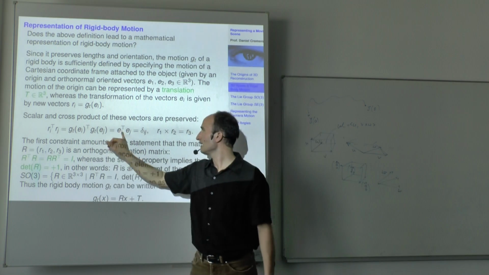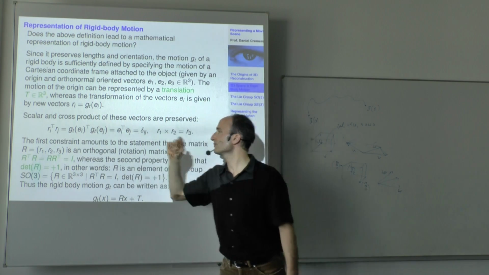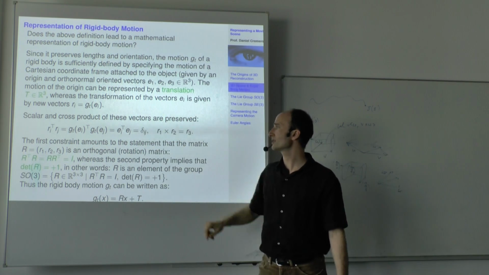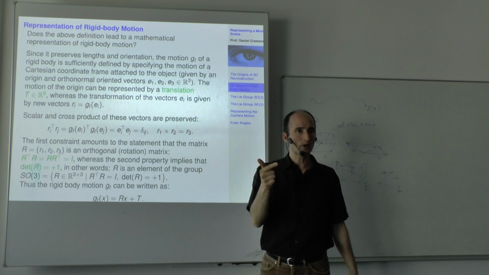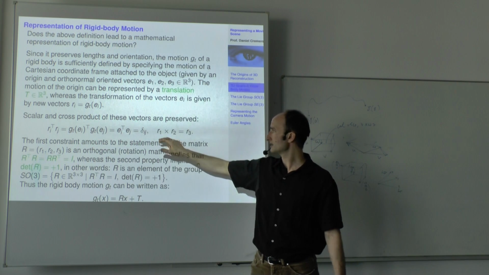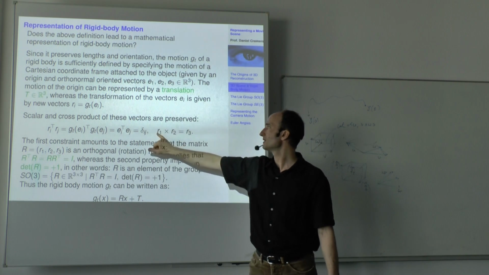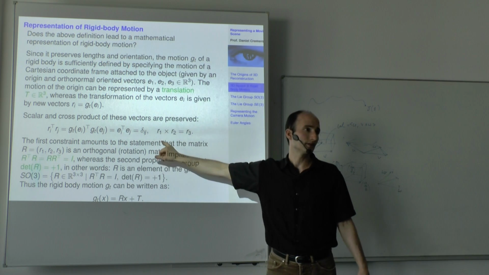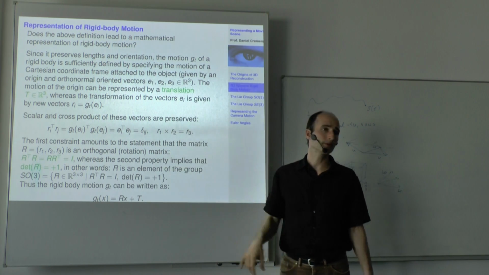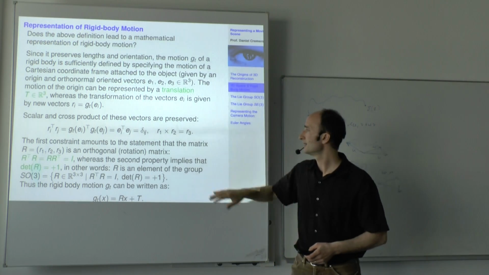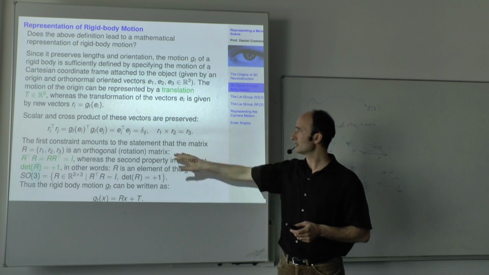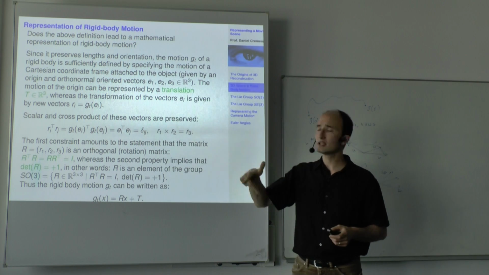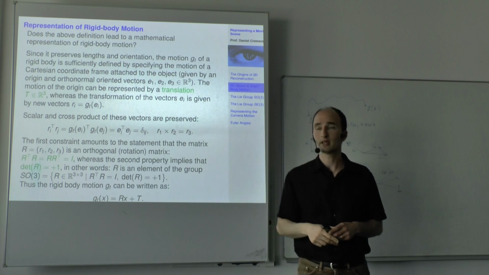And so we see if the E's are orthonormal, then the transformed frame is also an orthonormal frame. And in addition, if they are oriented, E1 cross E2 is E3, then we also have the same for the R's. R1 cross R2 must be R3 because the cross product is preserved. So an orthonormal frame in that orientation stays orthonormal in the rigid body transformation.